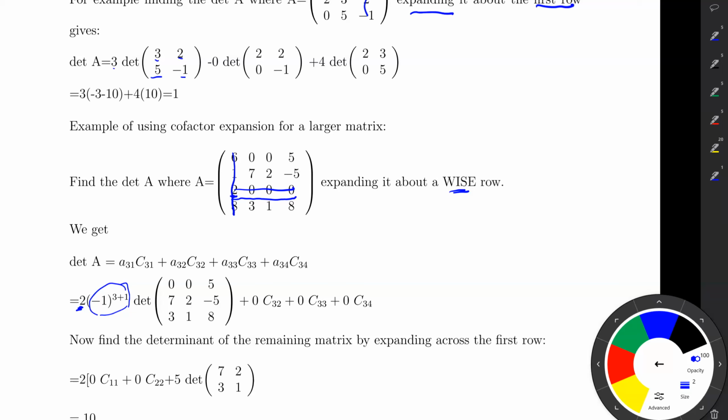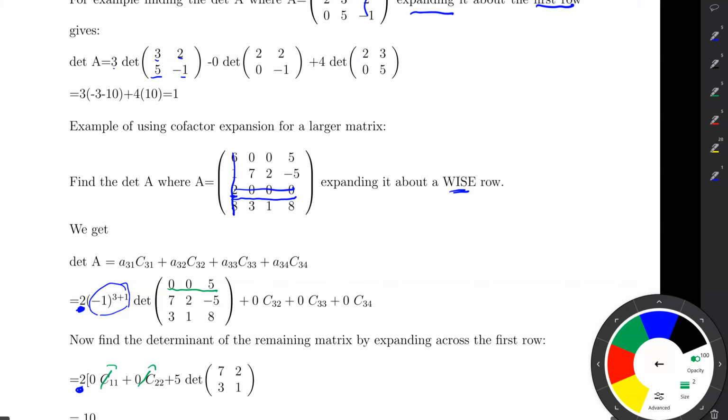Okay, so I've got this 2 right here, and then I'm going to choose a row or a column in this matrix to find the determinant of. So I'm going to use this row. So I'll have 0 times the cofactor expansion, 0 times the cofactor expansion, plus, and you don't have to write that, right? You could just leave those off.